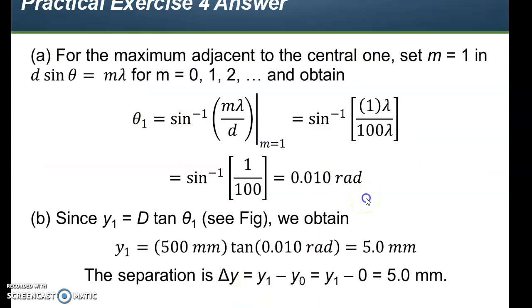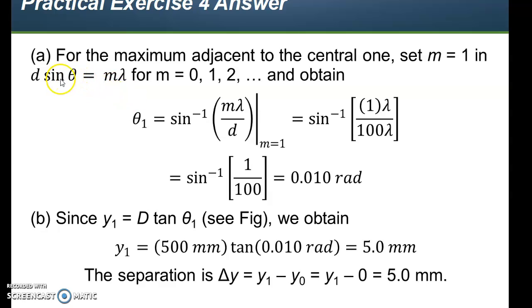Okay? So, for the adjacent maximum, we set m equal to 1 in this equation, because m equals 0 would be the central one. d sine theta equals m lambda is the equation that we have for determining what that diffraction pattern looks like.